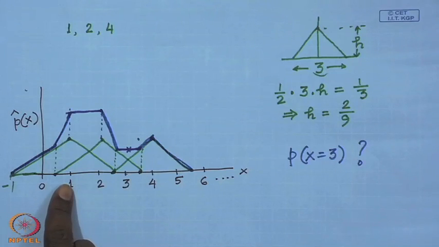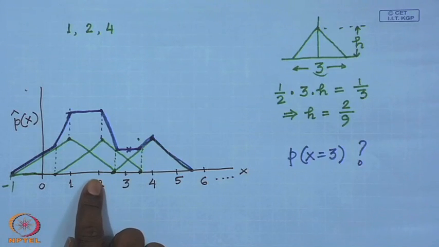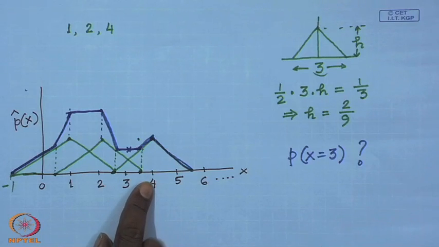So, what I am doing is, I assume that at every sample location, I have a unit pulse, that is a pulse of height equal to 1. So, I have a set of pulse trains: one unit pulse at location x equal to 1, one unit pulse at location x equal to 2, and one unit pulse at location x equal to 4.